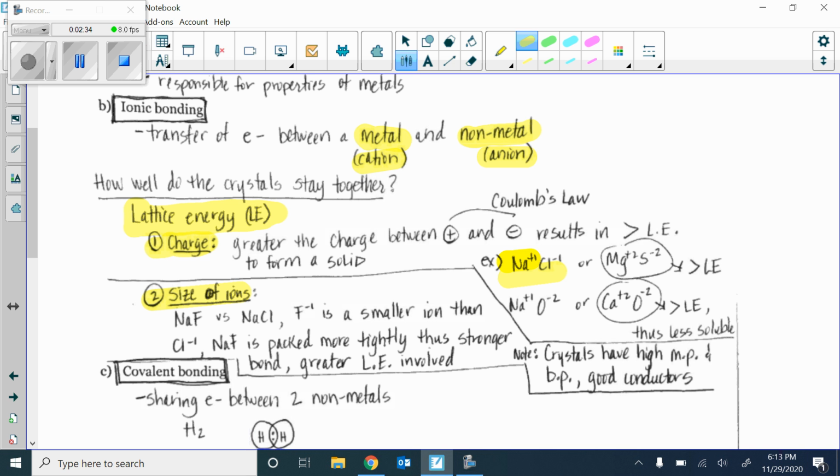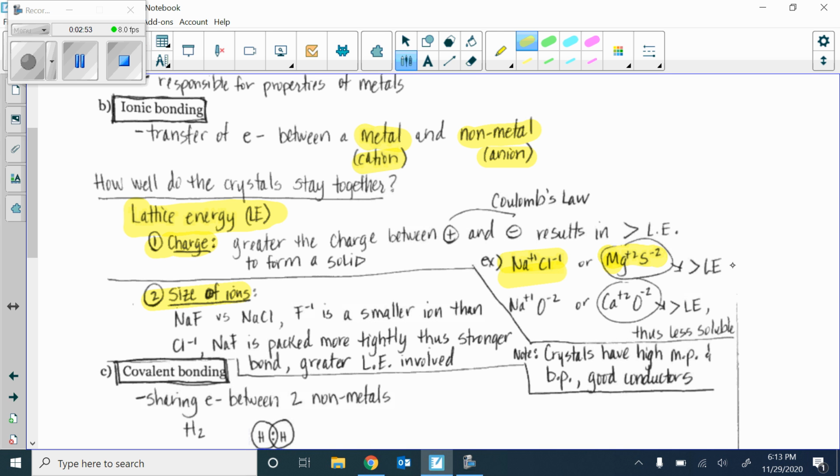So I have sodium chloride versus magnesium sulfide. Well, I can easily see that as +1, -1, +2, -2, greater charge, greater lattice energy. So that means it's a lot more energy to take in and release in forming that ionic bond.